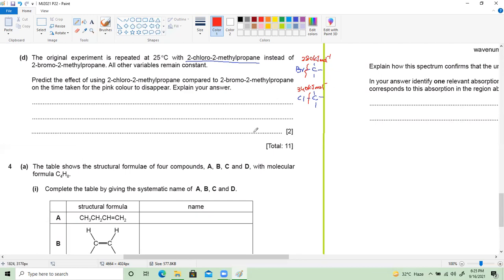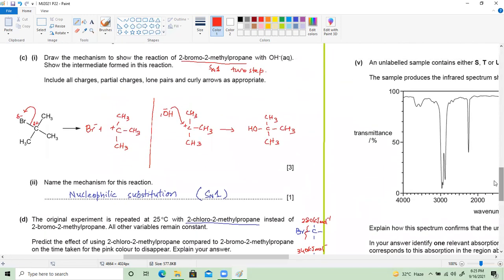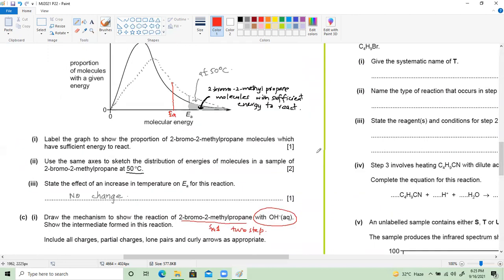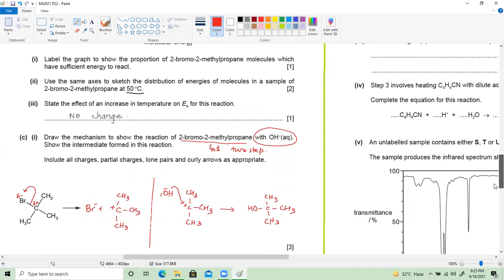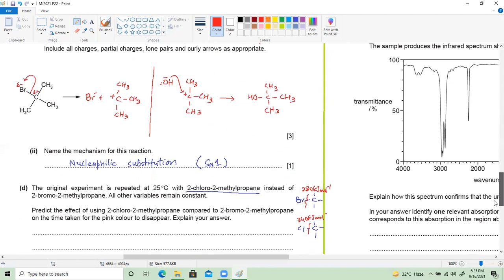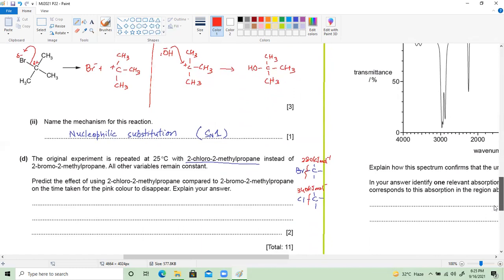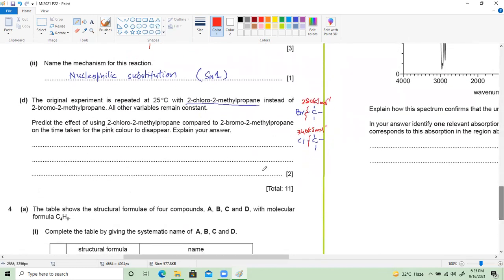Now, the pink color is that of phenolphthalein in the alkali, the hydroxide. The phenolphthalein was put into it, and the color of phenolphthalein in alkalis is pink. So when it reacts with the halogenoalkane, the alkali will get used up and its pink color should disappear. So what should be the effect?